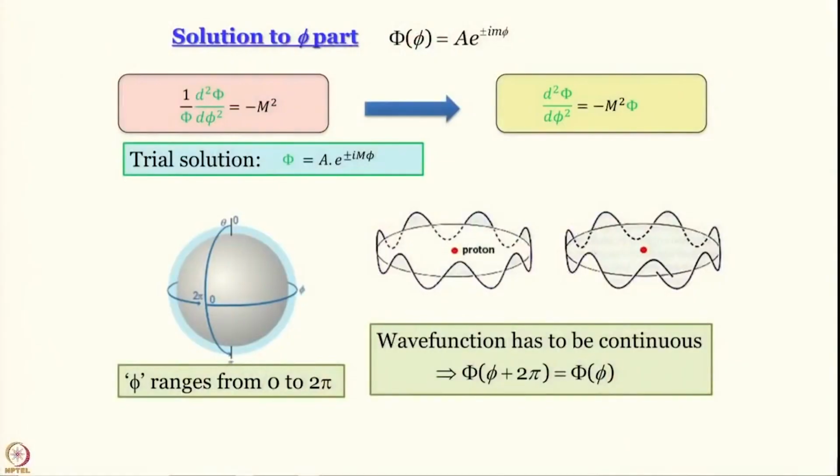At the same point the wave function must have the same value. So, from here what we can say is, I do not know why I have written continuous, single valued is the correct answer. So, capital phi at small phi plus 2 pi essentially is equal to capital phi at phi. Okay. Since this occurs with a period of 2 pi, this is called a periodic boundary condition.